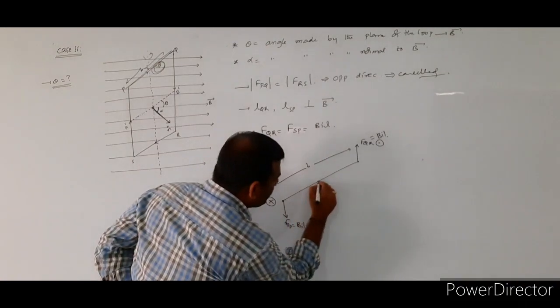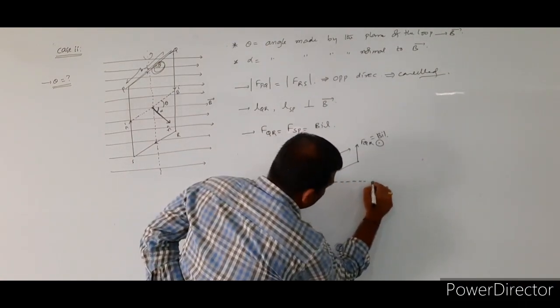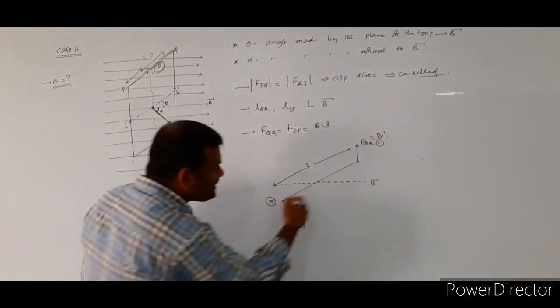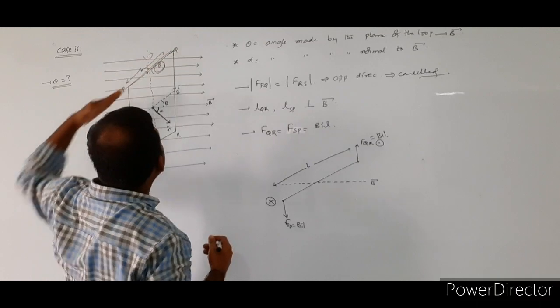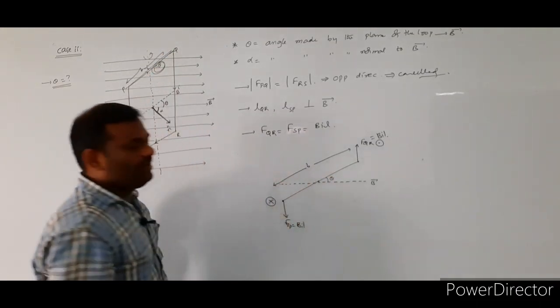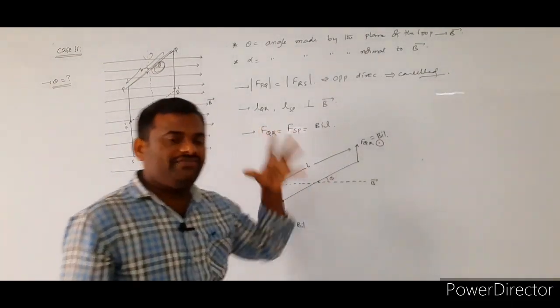If this is the horizontal direction of the magnetic field, then the breadth of the coil will be making an angle theta with respect to the direction of the magnetic field.